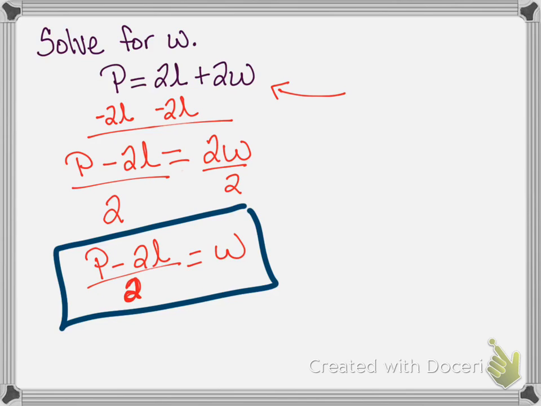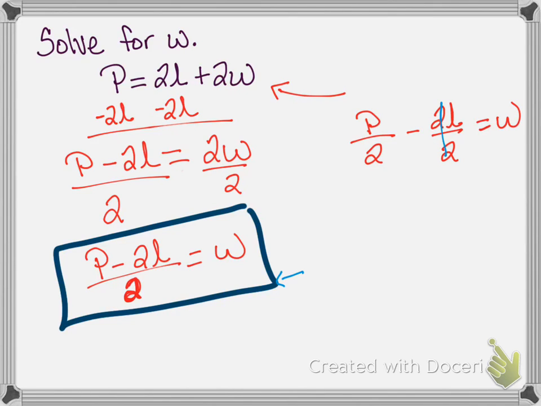So you've got to give that 2 to the P. Then you've got minus 2L over 2. And at this point, you can cancel these. But you can't cancel it when it's written like this.